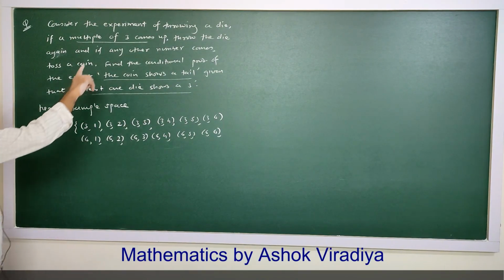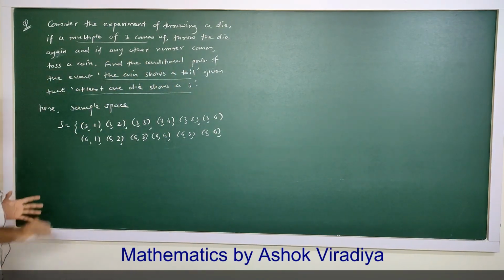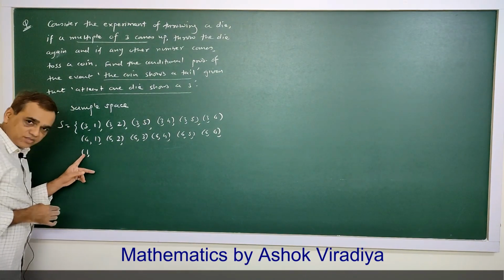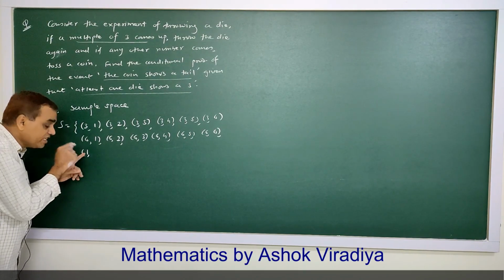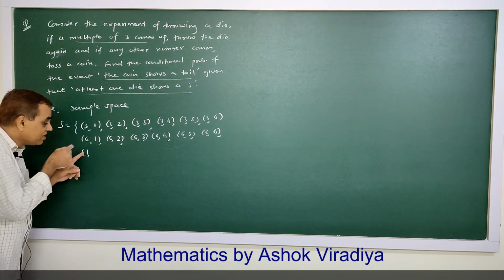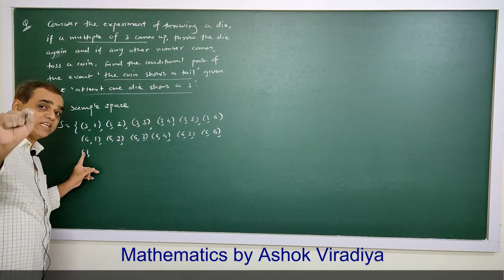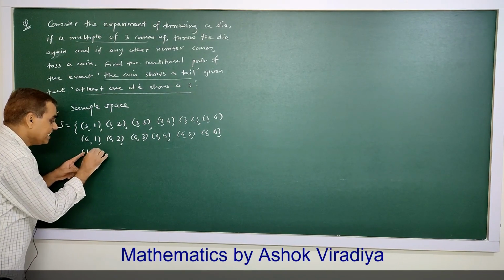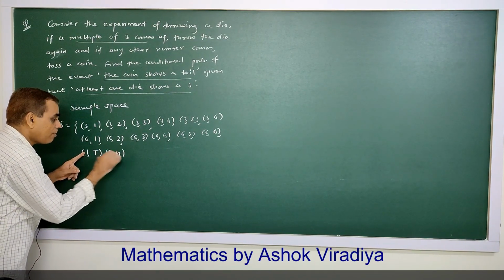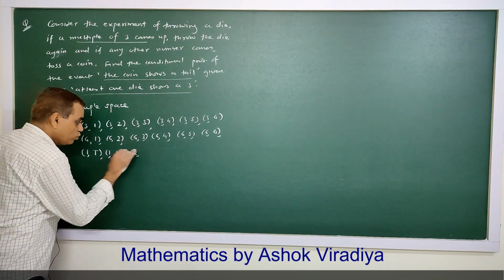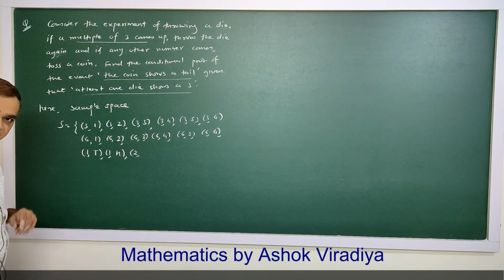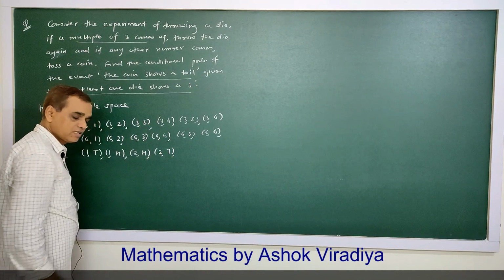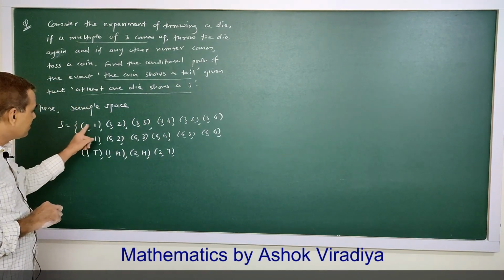Then if any other number comes, toss a coin. Suppose 1 comes, 1 is not multiple of 3. So if the output is not multiple of 3, toss a coin. So that is 1t, or 1h can come. Then if 2 appears on die which is not multiple of 3, toss a coin, so 2h, 2t. If 3 comes, then done.